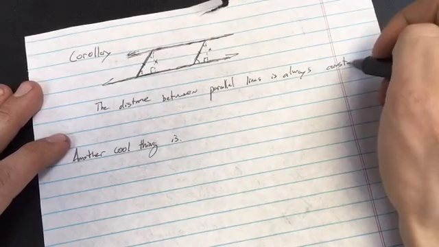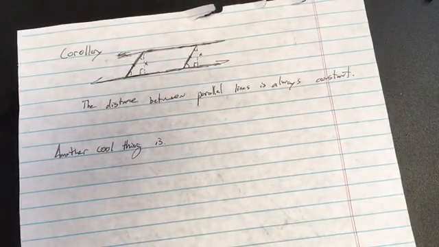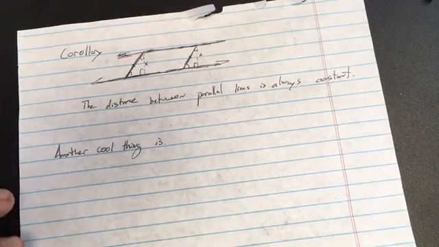That's pretty unique and cool. Before we kind of knew that, but we couldn't really prove it. So we would just have to say parallel lines never intersect. That's the definition of parallel lines. Now we can say that the distance between parallel lines is always constant.